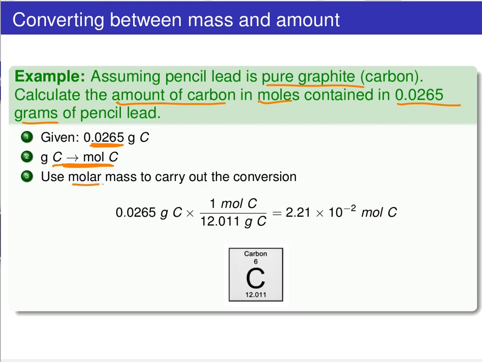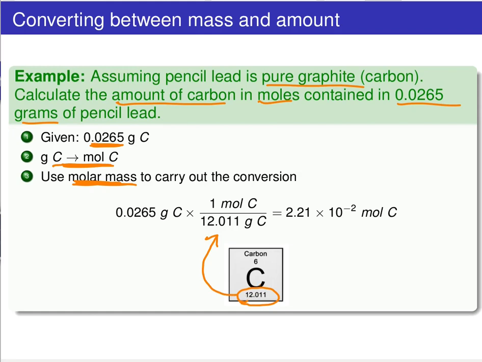Now, the molar mass that we just introduced on the previous slide is going to be the conversion factor. It's going to provide the conversion factor necessary for converting grams to moles. So remember on the previous slide, we read off the periodic table what that mass is of a carbon atom, and we're going to take that average mass and use it to construct this conversion factor.